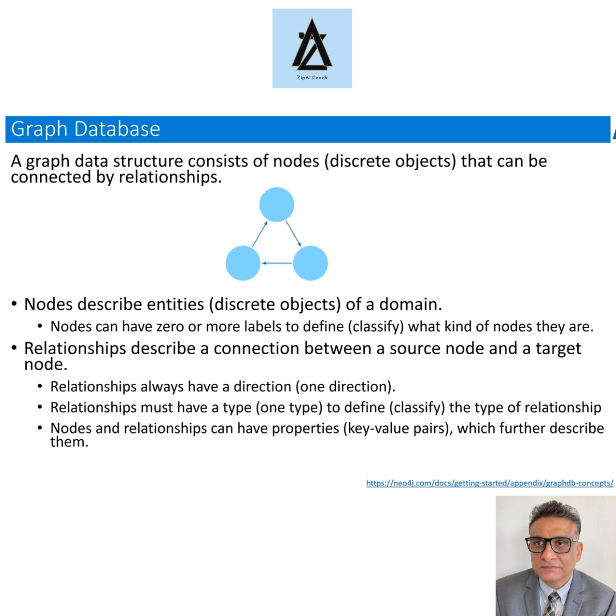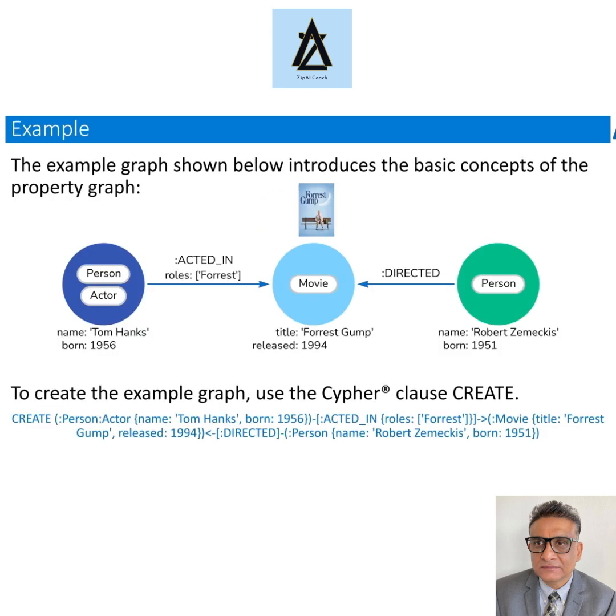So basically, you have a node which represents an entity, and then you have a relationship in the form of an arrow. Unlike ERD, these relationships are unidirectional. That's the important point. Let's take an example, and I'll show it to you. This is for your information. There's a movie database which Neo4j provides as a simple graph database for you to work on.